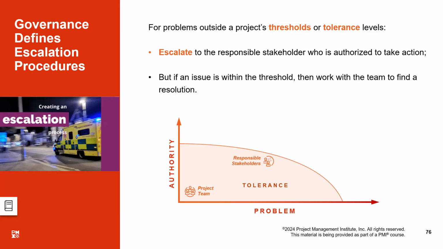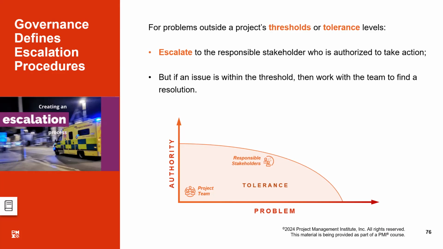As the complication of the problem increases and the authority required also increases, that goes out of the hands of the project manager or the team, and they have to seek guidance from the next higher level. That could be the governance board or the project board, right? So the responsible stakeholders sitting in the governance board will make the decisions on those escalated matters.